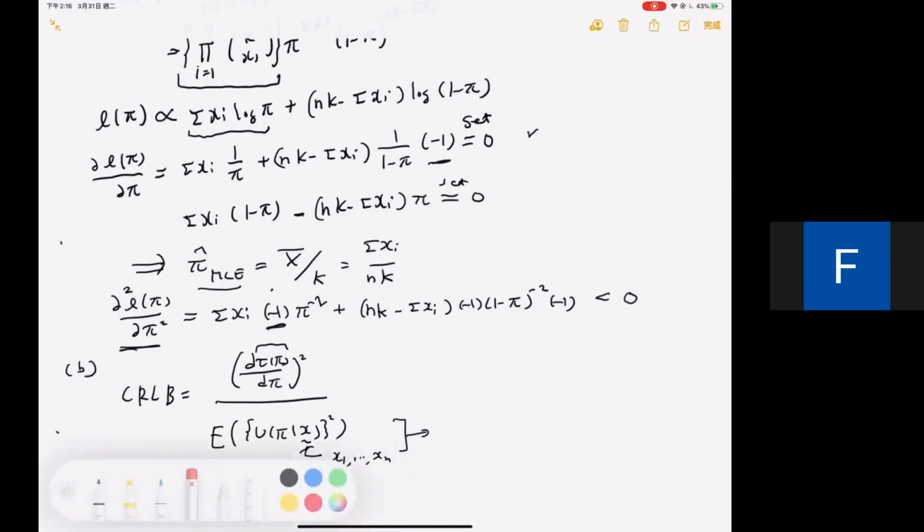You plug in your pi as pi hat. You just plug in. It's okay to plug in pi hat for pi, and then talk about whether it's bigger or smaller than 0. Okay, good.